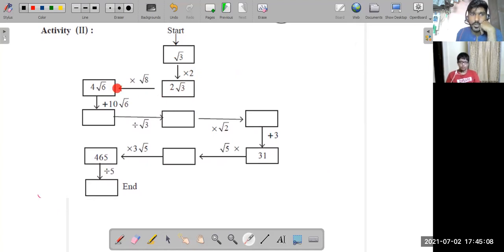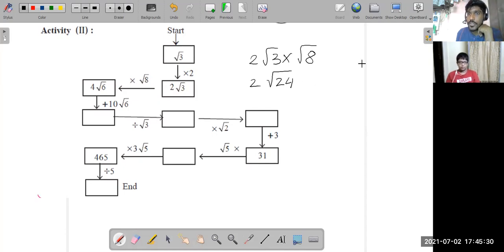Now from here the arrow goes this side, and with 2 root 3 you have to multiply root 8. So this will be 2, and then root 3 into root 8 will be root of 24. Now this root 24 you have to reduce.